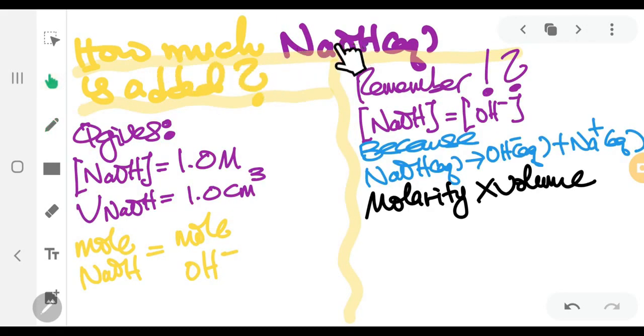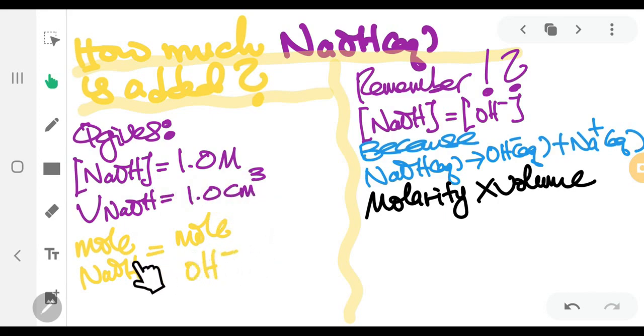How much NaOH is added right now? The question wants you to find the pH value when you add a small amount of NaOH. So we have to think about how much sodium hydroxide is being added, and we're going to work in terms of mole. The question gives the concentration 1.0 molar, and we have the volume 1.0 centimeter cubic.